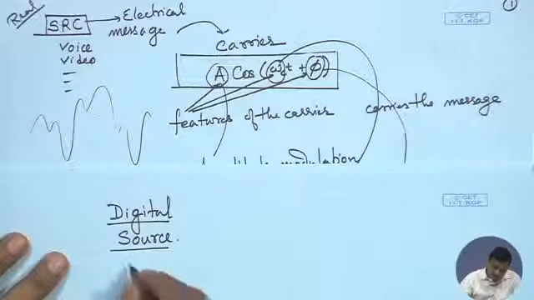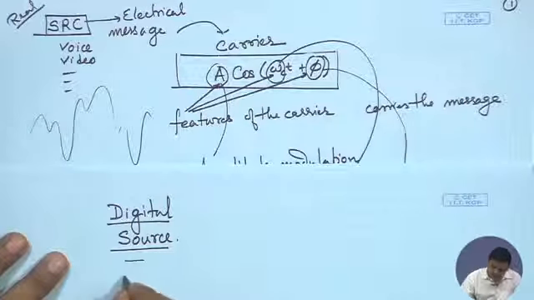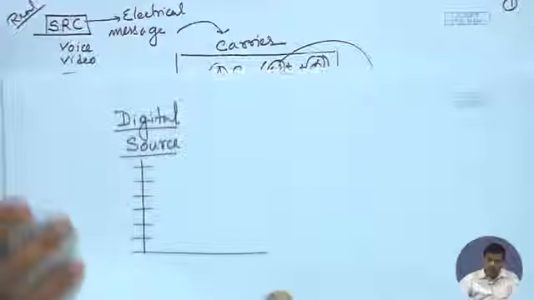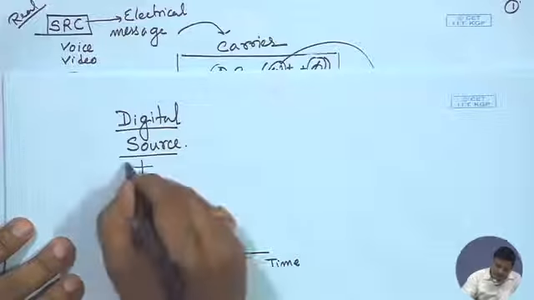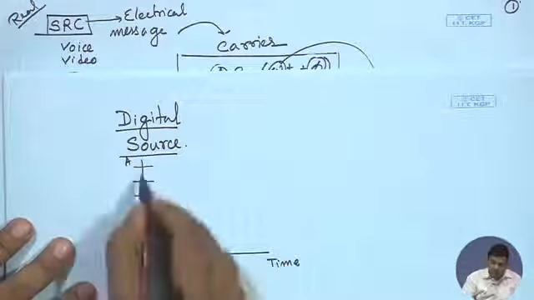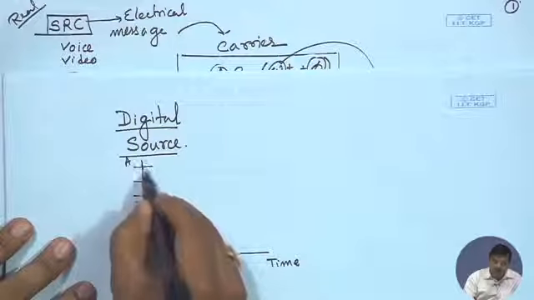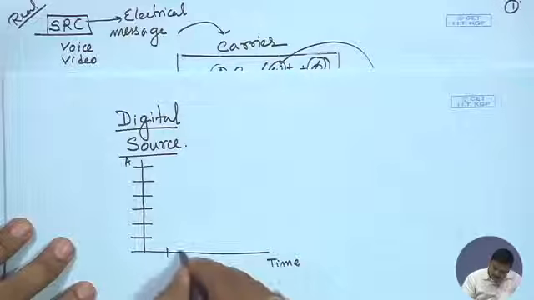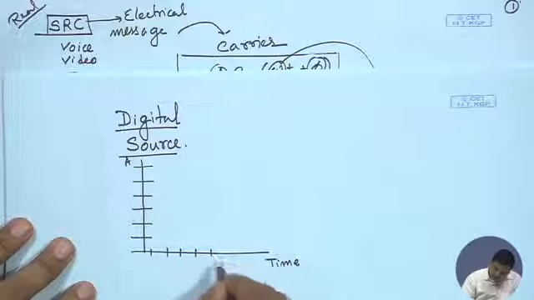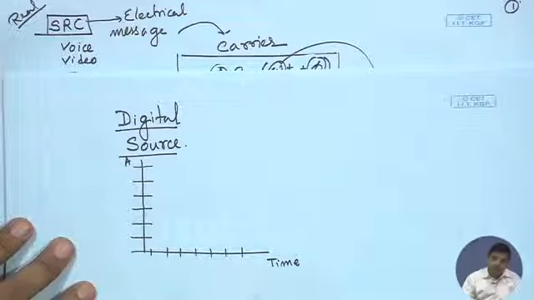By this we mean that it takes discrete amplitude values. So if this is the time scale and this is the amplitude scale, we say it doesn't take a continuum set of values, it takes discrete values, and in time it's going to take these values at discrete units of time.